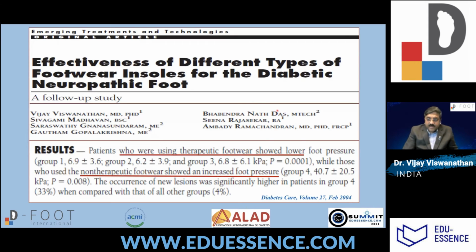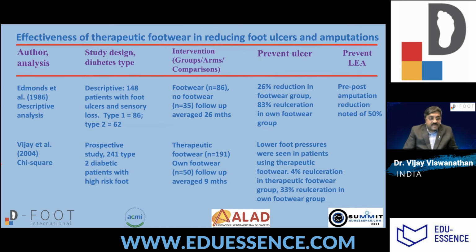We did a small study which we published in Diabetes Care, which is the official journal of the American Diabetes Association, some years ago, and we found that these therapeutic footwear will lower the foot pressure and also reduce the amputation rates. You can see in this study in 2004, we followed up 241 people with high risk feet in a prospective study, and we compared those who wore the preventive footwear which we made versus the own footwear group.